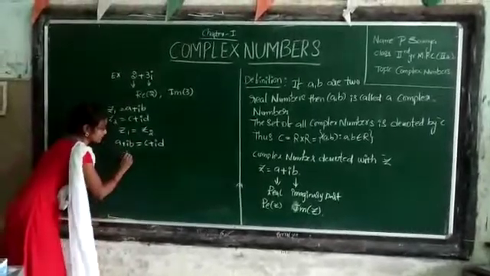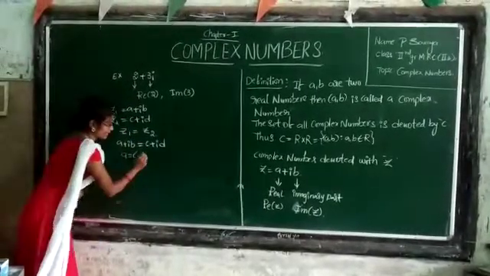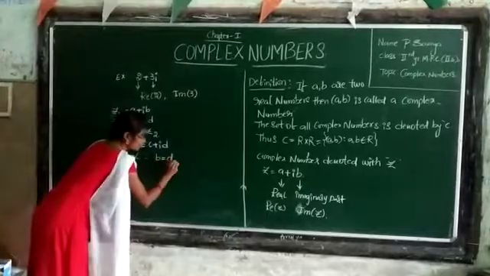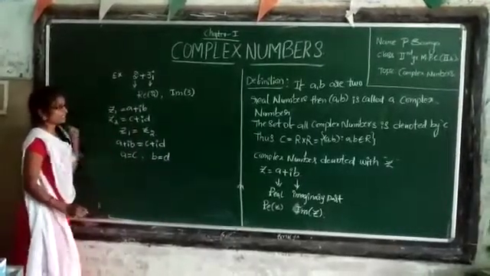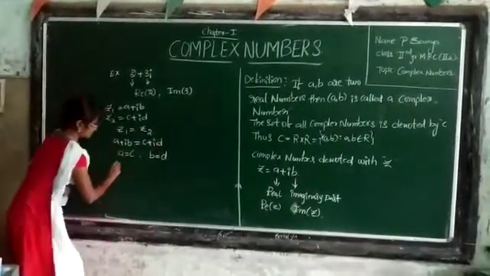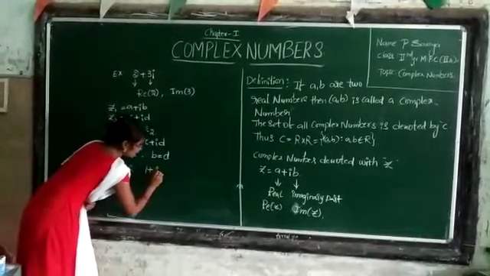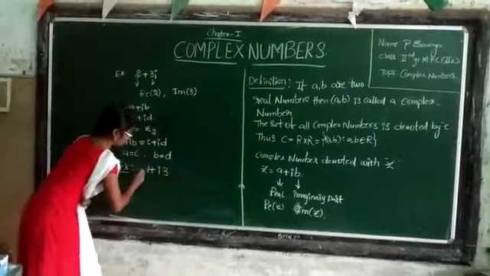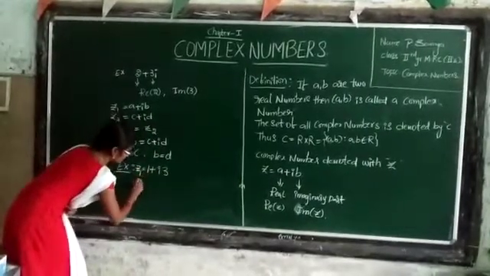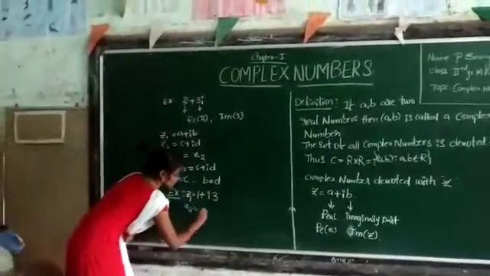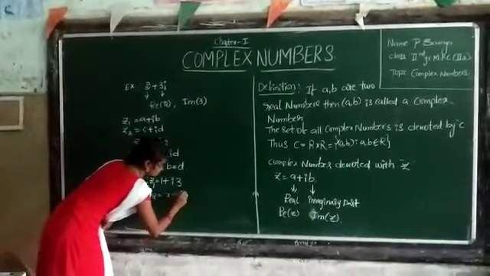That is a equals c and b equals d. In the same way, taking one example, suppose z1 equals 1 plus i3 and z2 equals x plus iy.